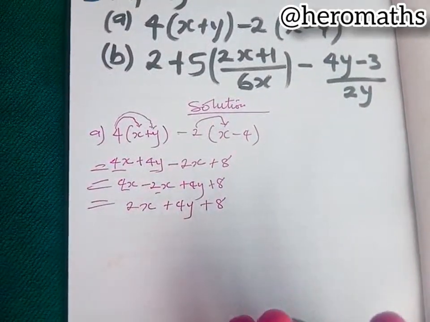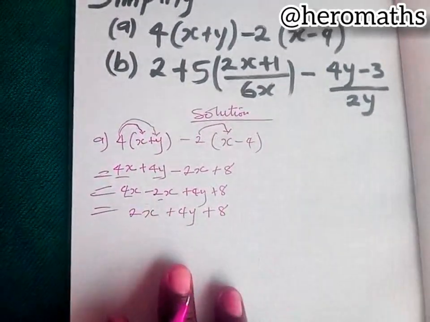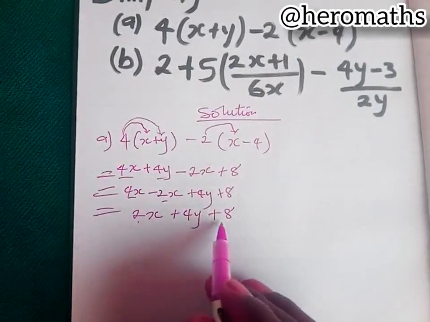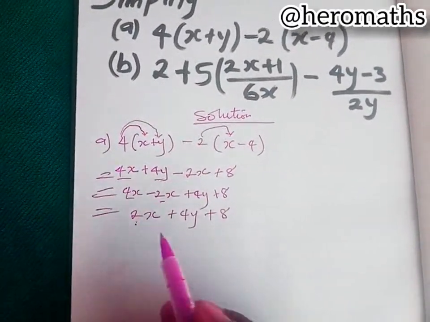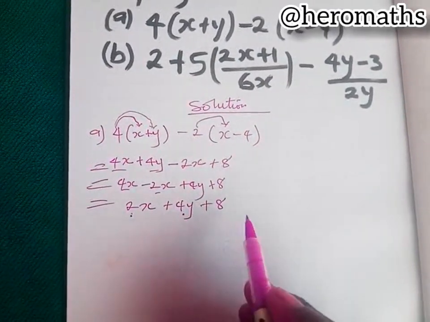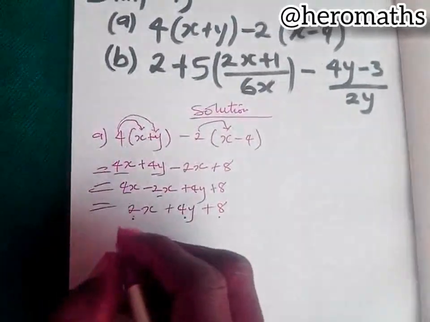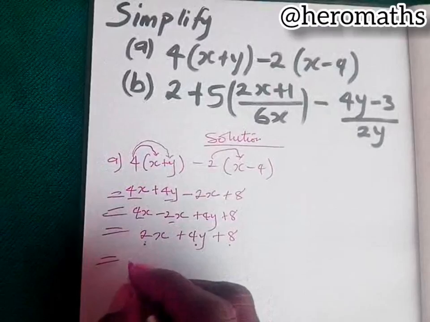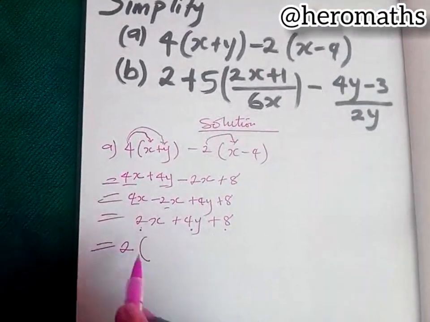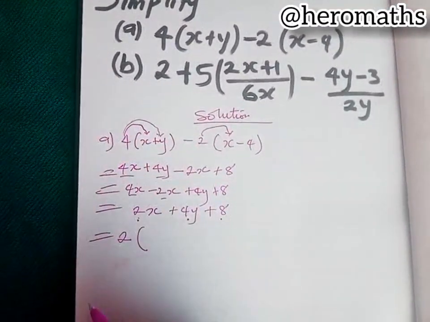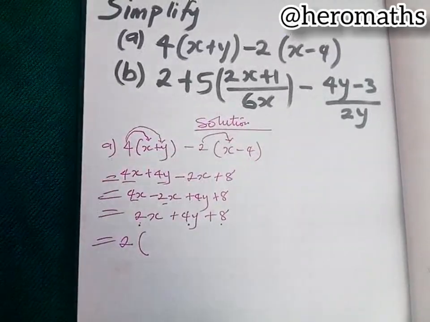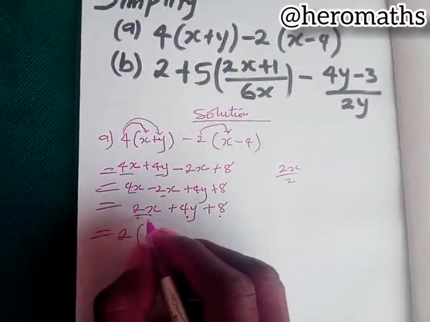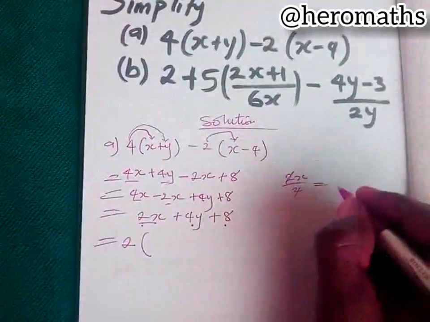We have arrived here. Is there any way we can simplify this further? Let us see if there's anything common between these terms. This can divide by 2, this can also divide by 2, this can also divide by 2. So we put 2 outside the bracket, because all of these can divide by 2. 2x divided by 2 is x, so you are left with x.